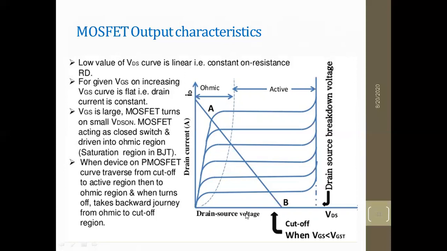What is meant by transconductance? It is the ratio of drain current to the gate voltage, which is a very important parameter to observe for the transfer characteristics and also the output characteristics.